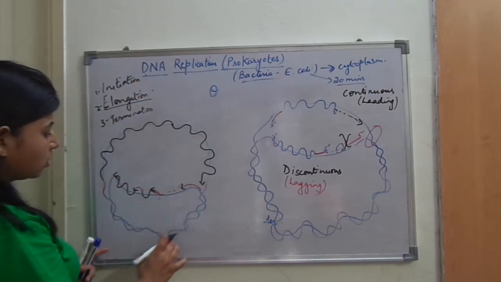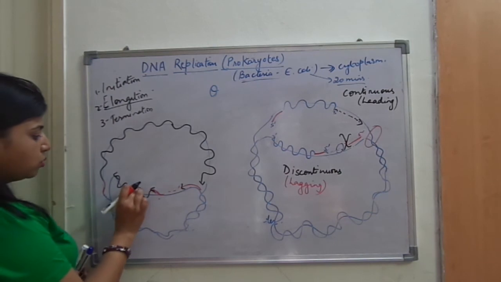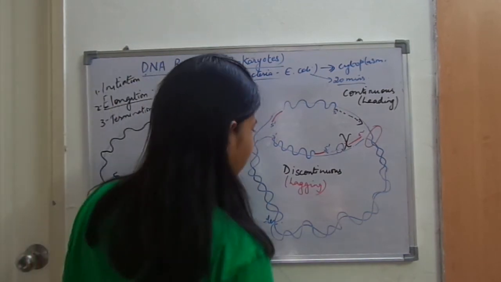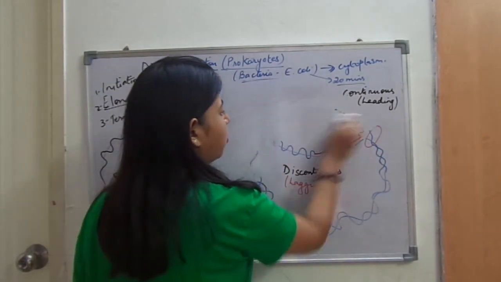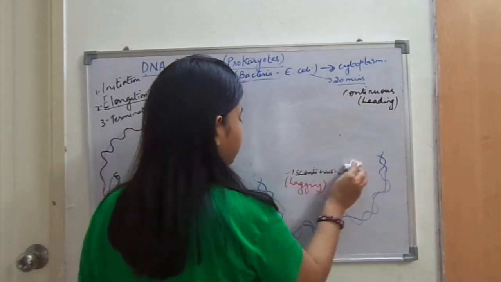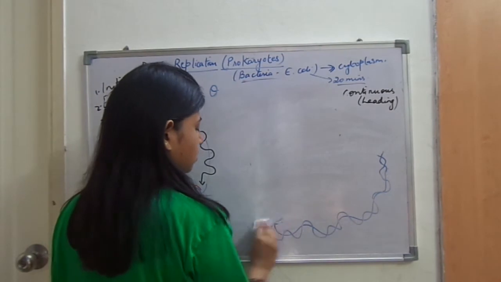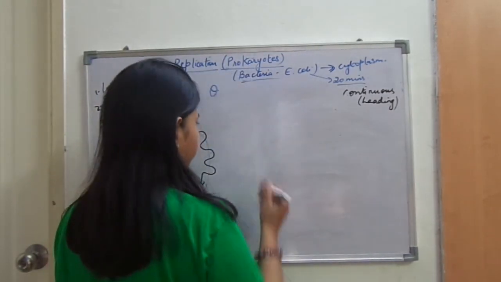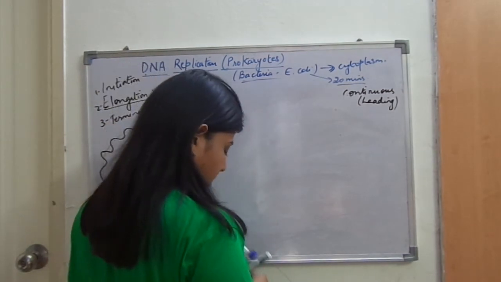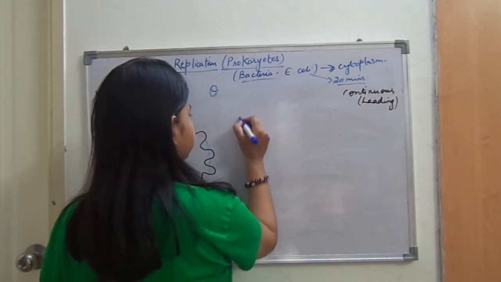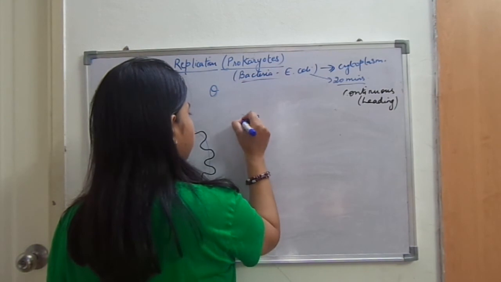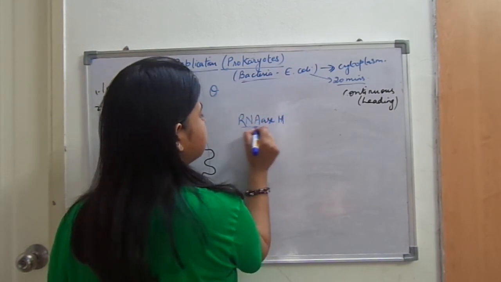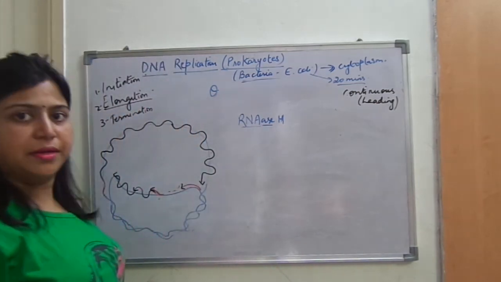Now after the elongation is complete, you need to remove these red things, that is the RNA primer. So RNA primer is removed with the help of an enzyme that is known as RNase H. See, RNase H is an enzyme. RNase, it is an RNase, removes the RNA, right?